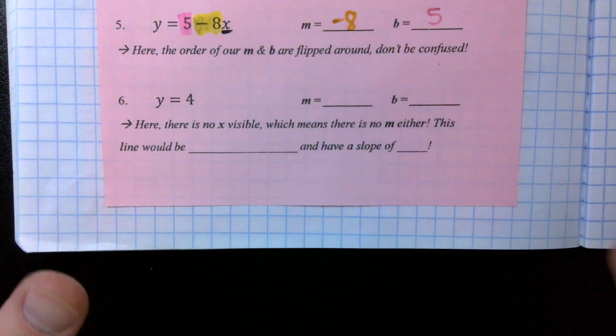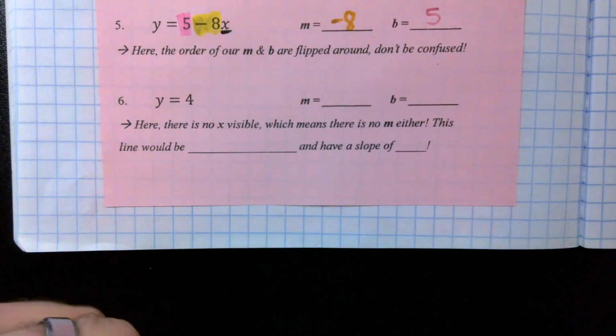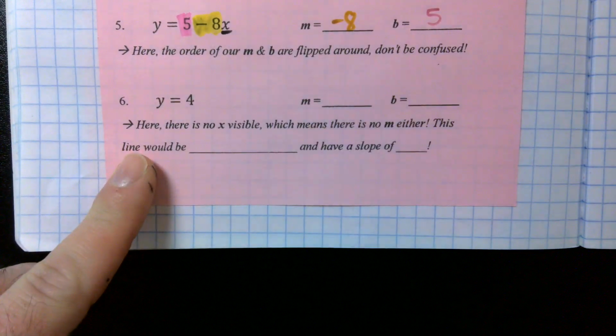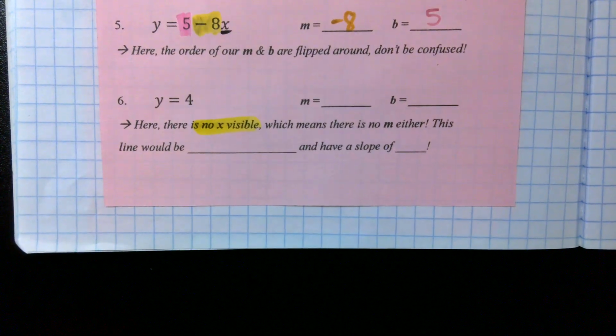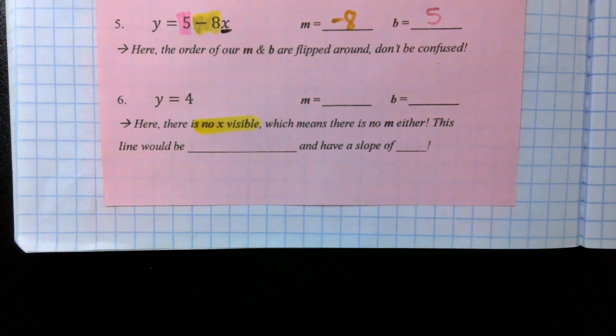And the last one, this one is definitely the hardest for us to understand. You guys see an x in this equation? No. There is no x visible. So if there was an x, I would look for the number that's glued to the front of it, right?